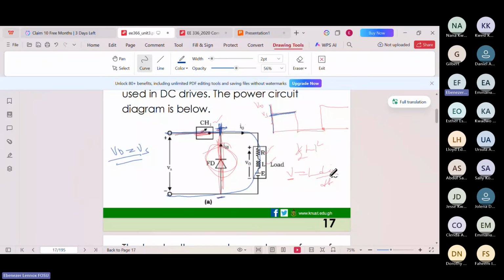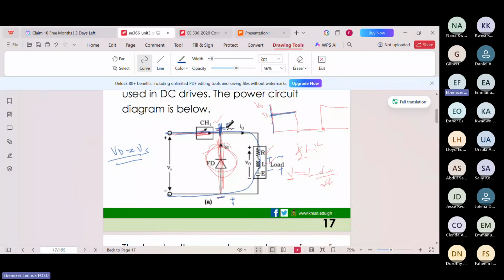So the change in value becomes what? Negative. So when that happens, the polarity of the inductor will flip. So when it flips, it's now acting like a source. Initially, if you focus on the inductor alone, you have a polarity like this. But when it begins to release energy, the polarity will flip. So you rather have minus plus. So here will be plus and this side will be minus.